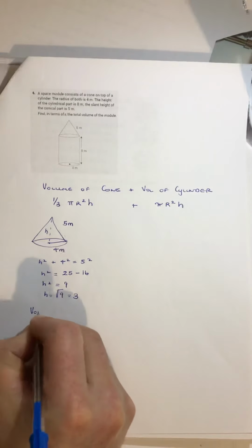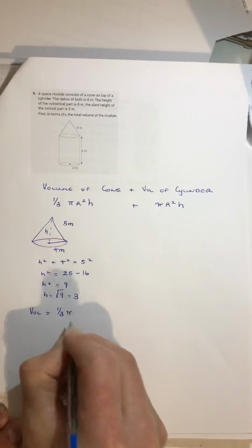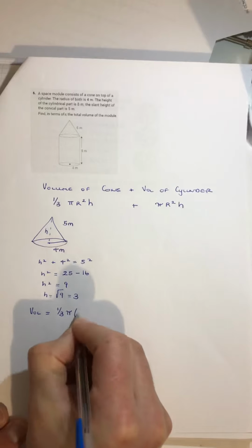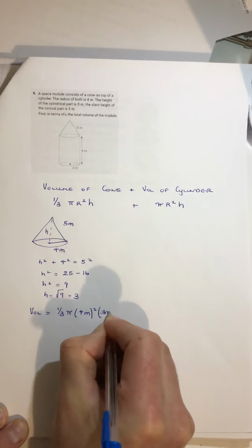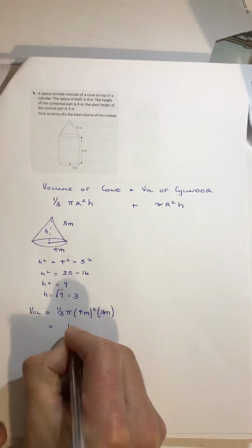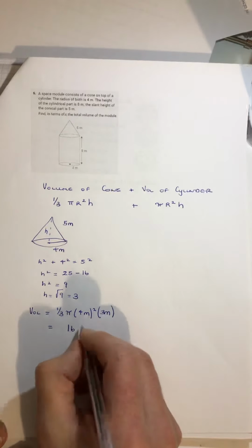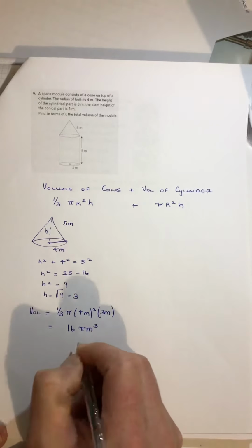So the volume of the cone is equal to 1/3. We're going to leave pi as it is. The radius is 4 meters squared and the height is 3 meters. So we're multiplying that out. So 1/3, leave it in terms of pi, and we get 16 pi meters cubed.